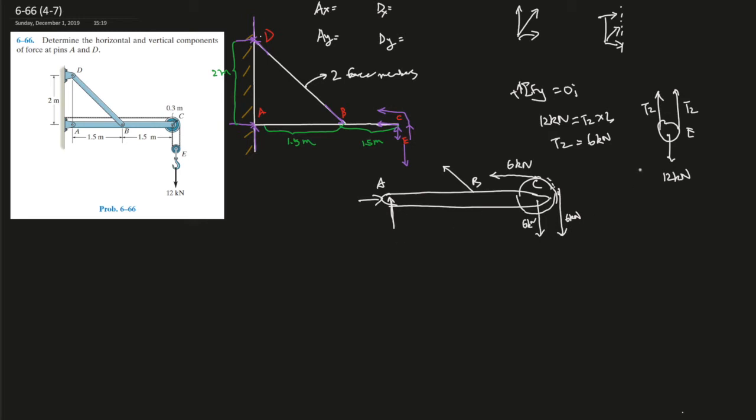And now we can move on to this member over here, using the sum of the moments at A to get rid of the two unknowns. Let's say going this way is positive. So the sum of moments equals 0. Force DB is going into a clockwise rotation, which means it's negative. So DB is negative.